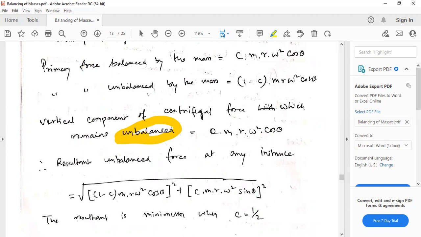So sorry, this is not c, this has to be 1 minus c. In place of c, this has to be 1 minus c, sorry, so this is a mistake. 1 minus c.